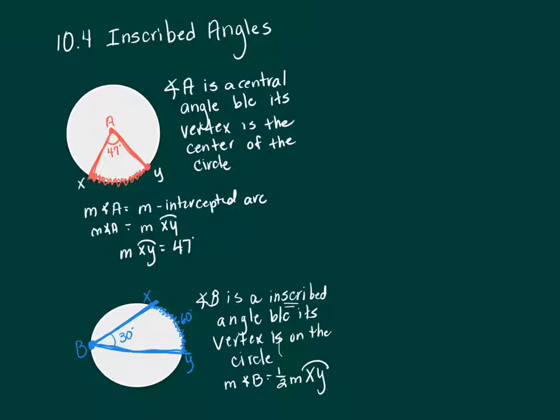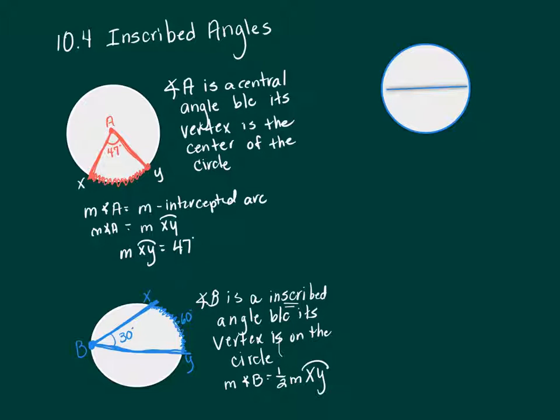Now we're going to use this concept to look at something else that we've talked about before. Let me get another circle up here. I'm going to go back up to the top of the page. If I have a circle, and again, let's put in a diameter this time. Let's see if we can put a line across there.